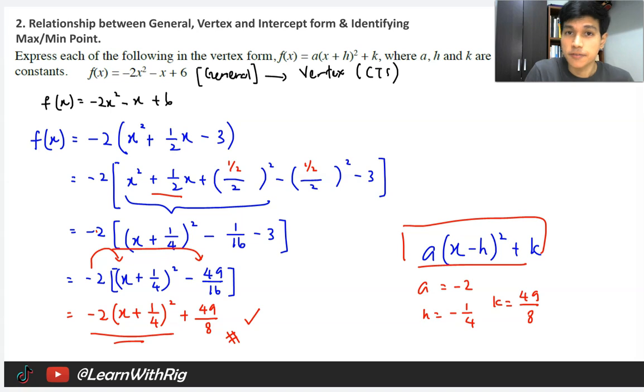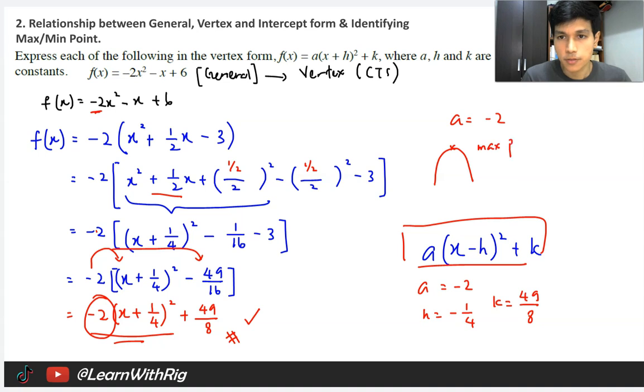So based on this, if the question asks you what is the stationary point, how are you going to find it? Very simple. Since it's a negative a value, right? This is a negative a value, so you know it's going to be a negative 2, so it's going to be a negative graph, N shape, correct? So here is going to be the maximum point. So what is the value?